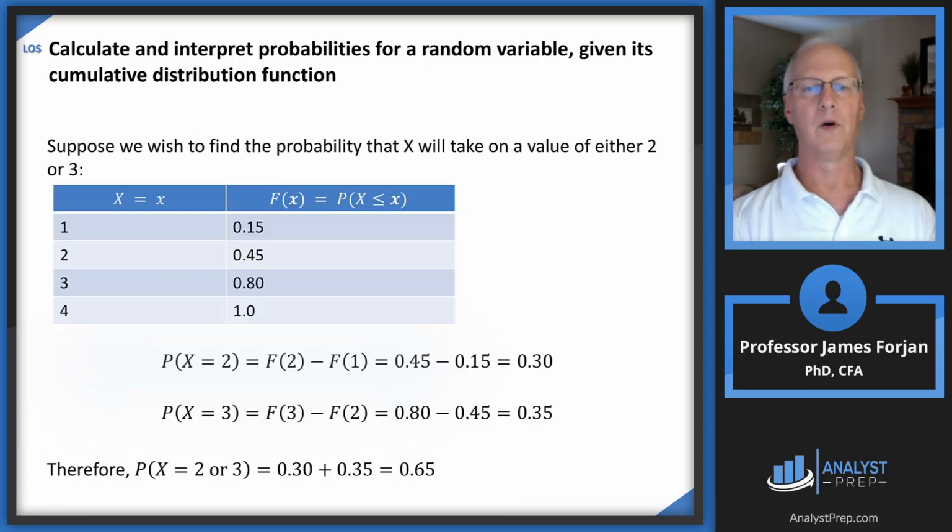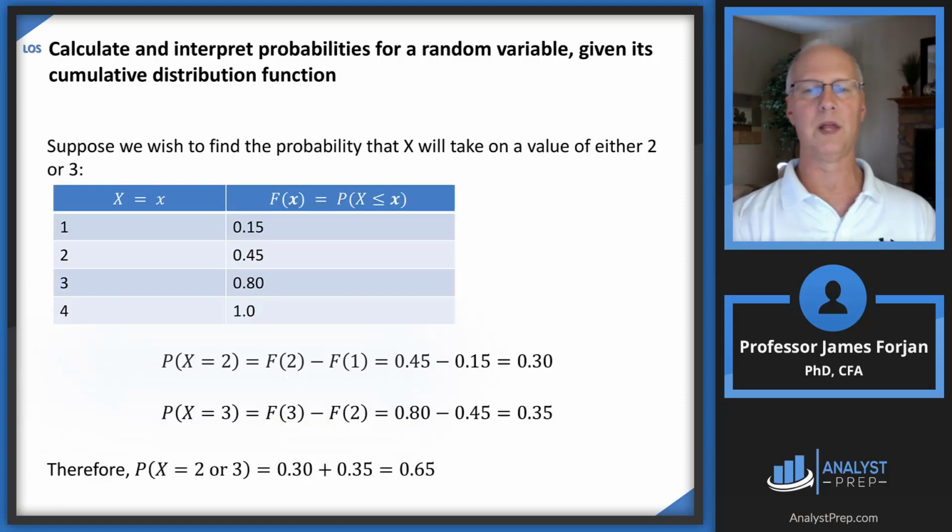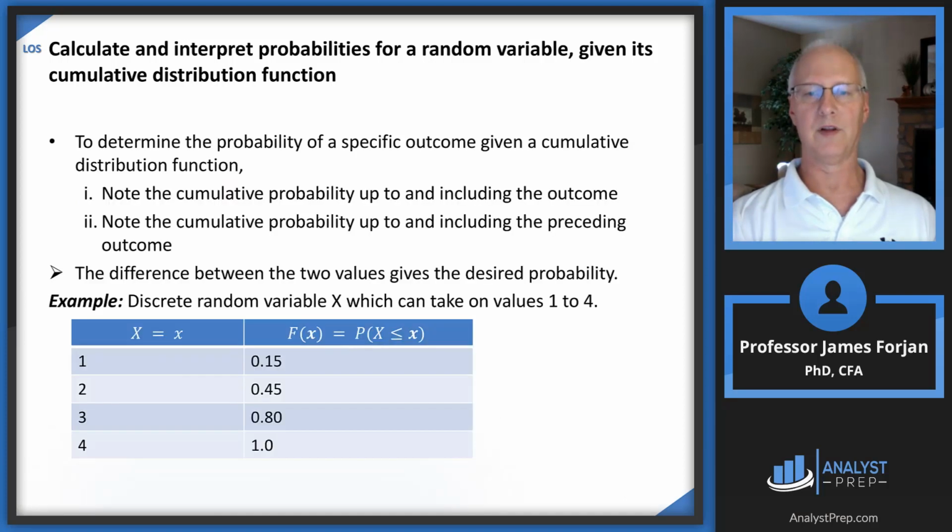So what we're going to do is say, all right, the cumulative probability that x will take on a value of either 2 or 3. We're going to first figure out the probability that it takes on 2, and that was that 30 that I just mentioned there. So 15 up to the 45, that's 30. And then the probability that it takes on the value of 3, we're going to take the 80 minus the 45, and that gets us the 35. And I said that back here in that previous slide.